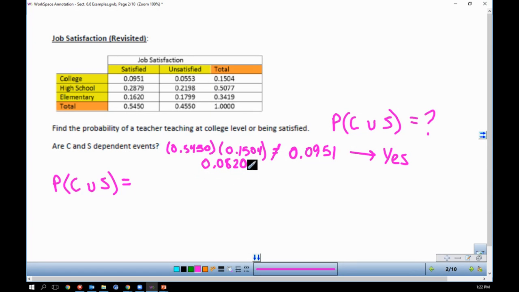That's what we found yesterday. If they were independent, these should be equal.